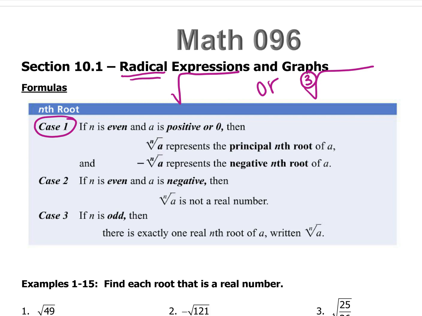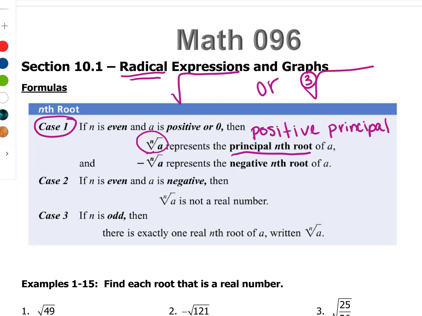There's going to be a couple problems on your homework that ask you what kind of square root that is. If you have this instance right here and a is positive, you're going to pick the principal nth root. In your homework, it comes up as positive principal. So you might want to write that down.